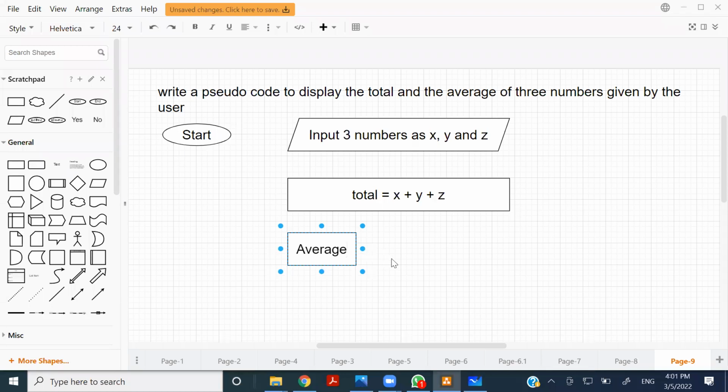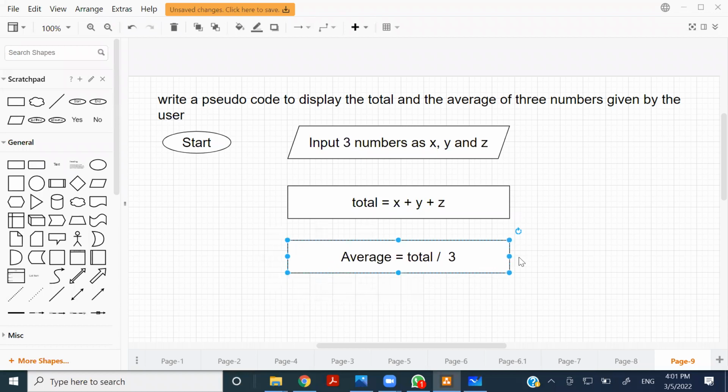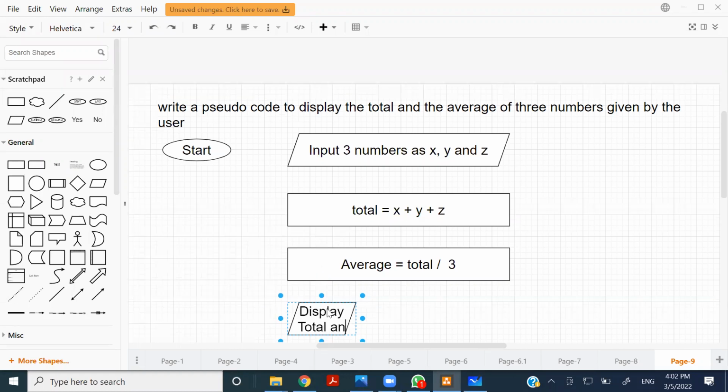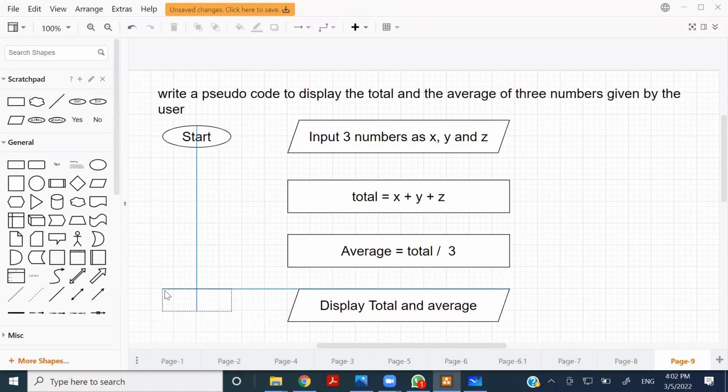Average equals total divide by 3. So then I can say display total and average. And then I can end, right?